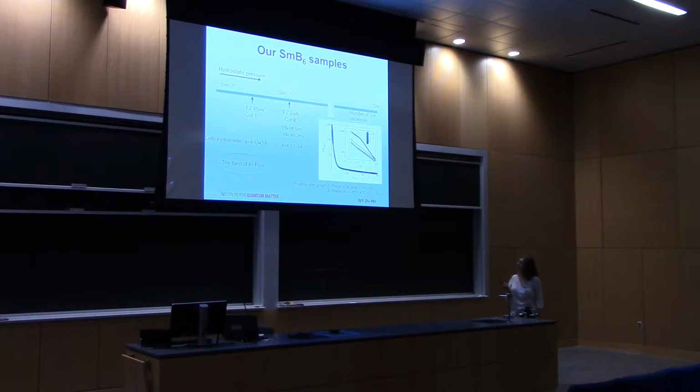Their paper describes this process, and they have some claims that maybe some of the results in the samarium hexaboride community come from the presence of these vacancies. I would say that I don't fully agree with that. But yes, there is this possibility to create samarium vacancies in a controllable way in floating zone growth. It's also known that people know how to grow crystals with the floating zone technique without creating samarium vacancies.